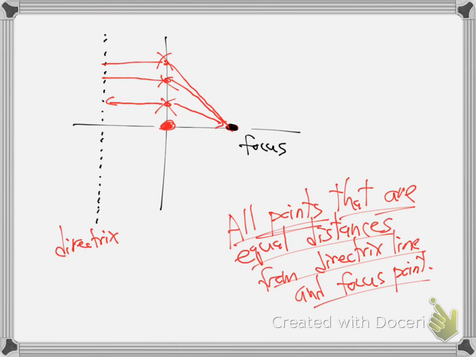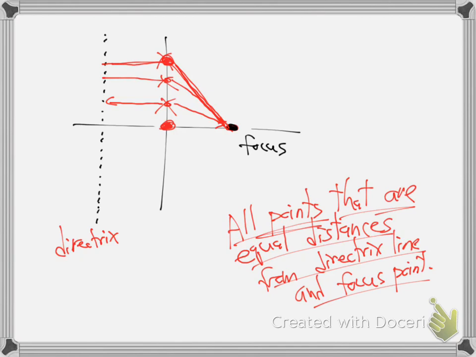But nothing else on that straight line is going to be the same distance from the dotted line and the focus point. They're all further away from the focus point than they are from the dotted line, aren't they? They're not equal distance. Well, okay, say this dot is further away, right? He's got a longer trip to make to the focus point than he does to the directrix line.